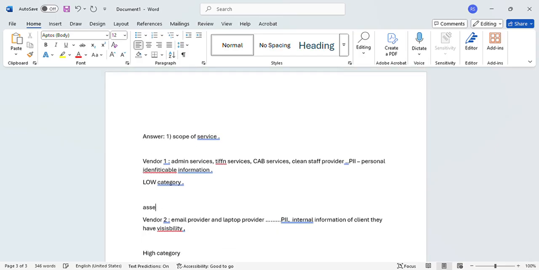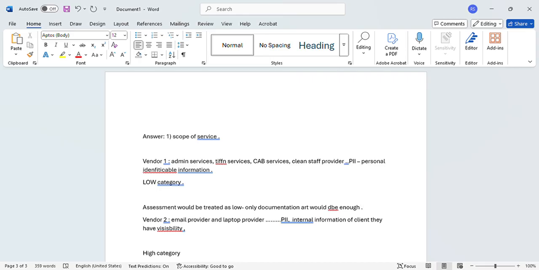So the assessment would be treated as low, or we can say only the documentation part would be enough.